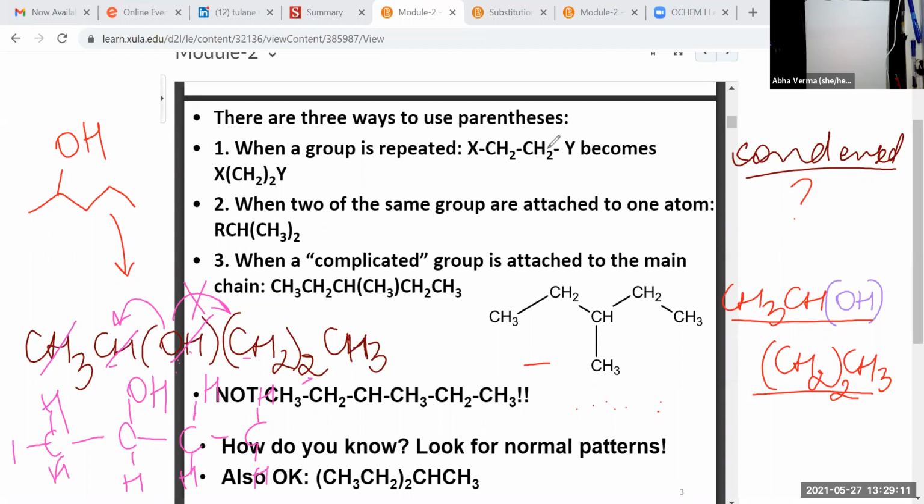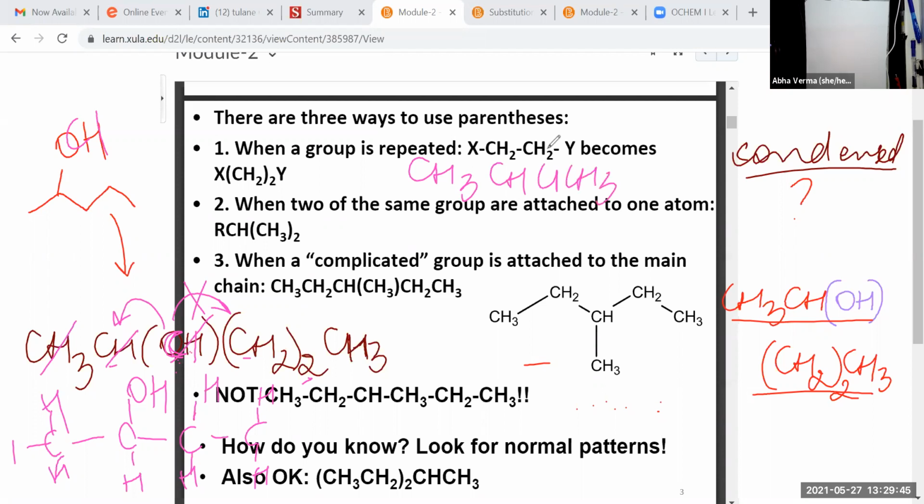I have a question. Please go ahead. Is the connecting group OH always going to be in parentheses? Like if the problem asks us to draw out the structure, is the connecting group always going to be in parentheses? Usually it should be. Even if it is a Cl, I would write this Cl in parentheses. But let's say by chance that there is a group CH3, CH, Cl, CH3.